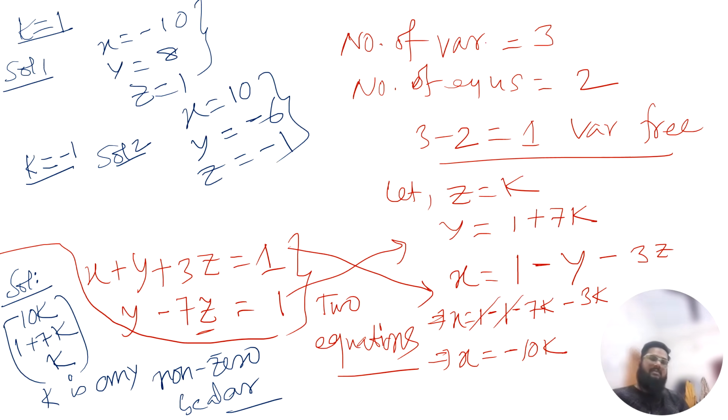So that's why this given system has infinitely many solutions, because you don't have a single choice of k, you have infinite choices of k. If we choose any non-zero value of k, positive, negative, fraction, you will get a different solution. So this is the concept of solutions of a system of linear equations.